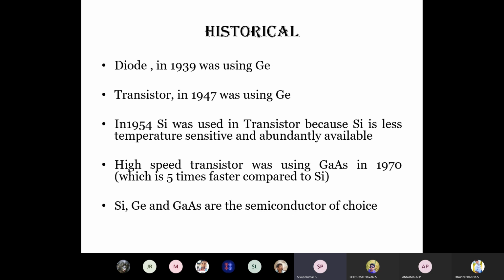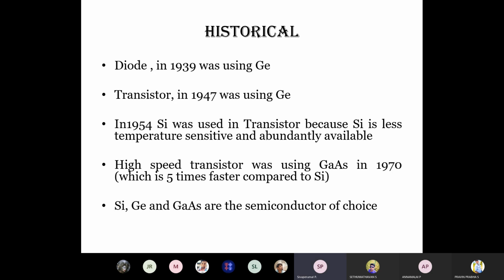Now, knowing about the historical conditions: initially, development was based on germanium. The diode was developed in 1939, and in 1947 the germanium transistor was developed. In 1954 silicon was used in the transistor, because silicon is less temperature sensitive and abundantly available.